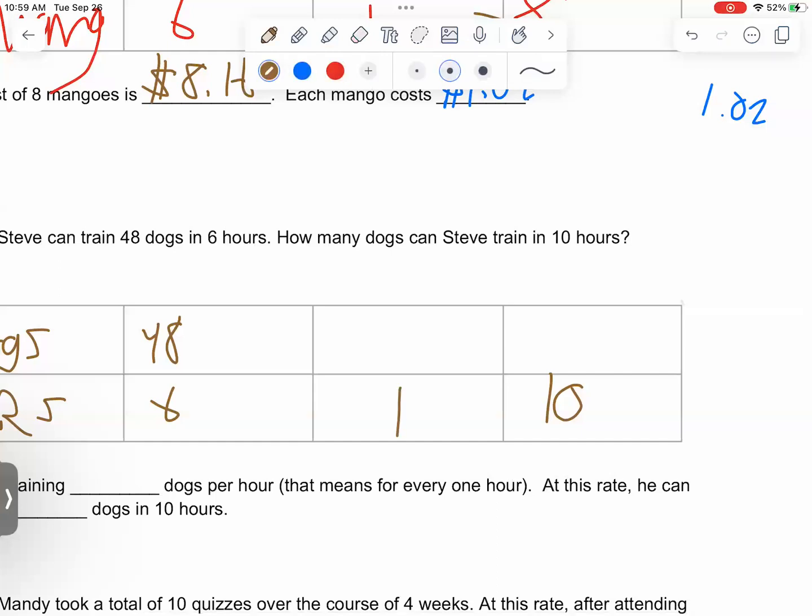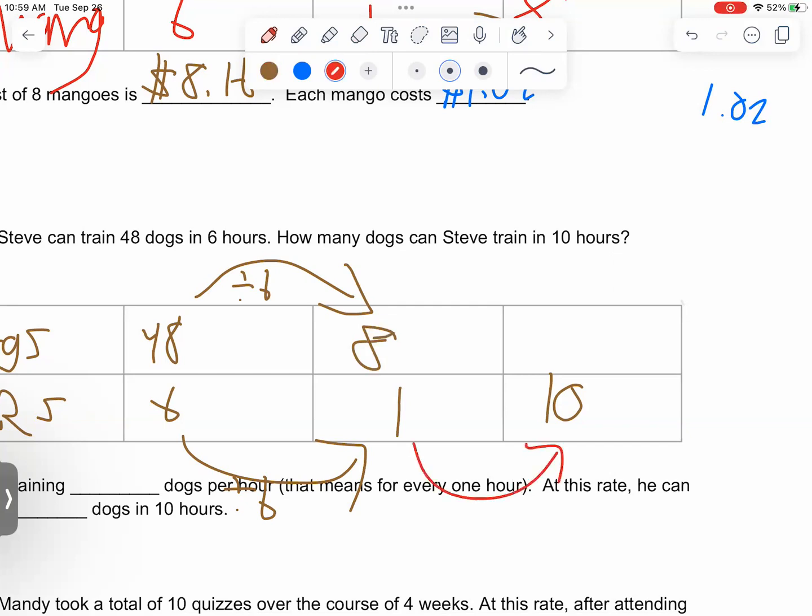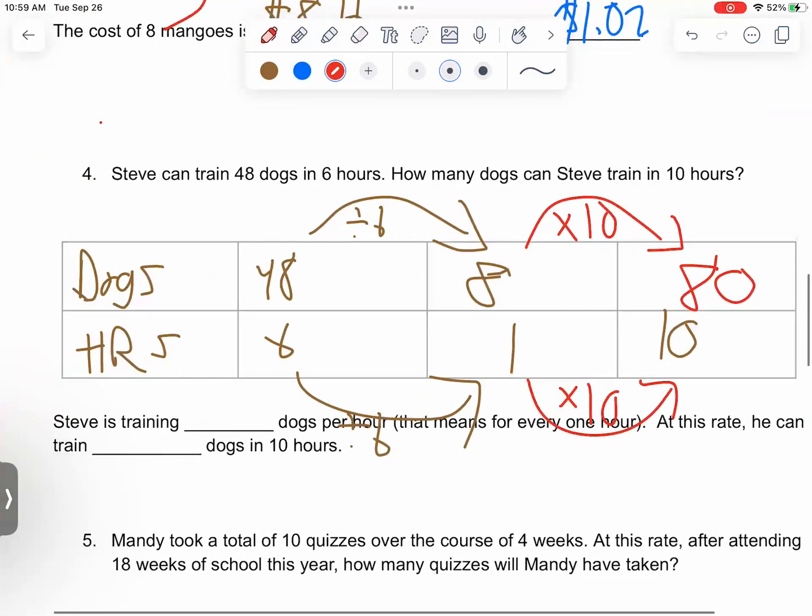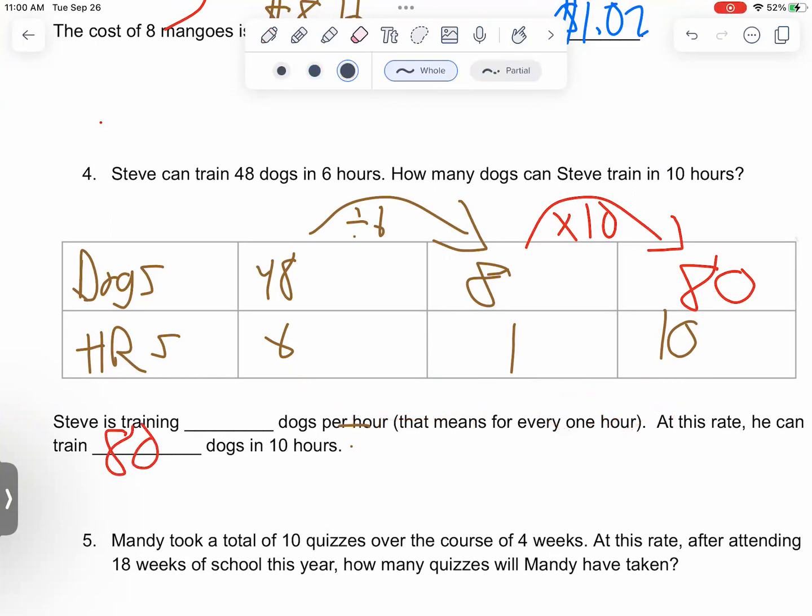All right, so 6 divided by 6 is 1. 48 divided by 6 is 8. Okay, then scale this back up. That's times 10. And then do the same on the top. And you will get, he can train 80 dogs in 10 hours because he is training 8 dogs per hour.